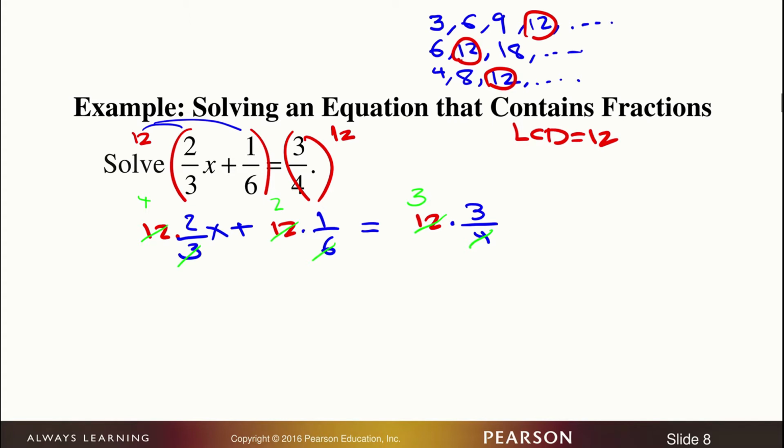In the first term, we're left with 4 times 2 times x, so that's 8x. Plus, in the next term, we have 2 times 1 left, so that's 2. On the other side, we have 3 times 3 left, so we get 9.